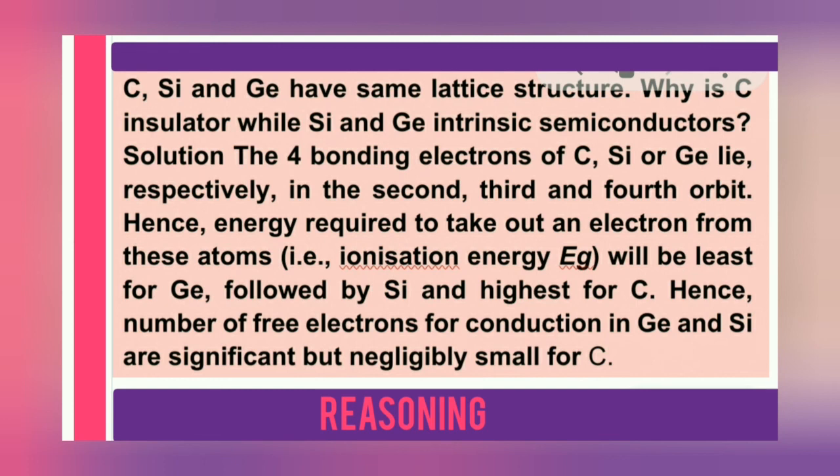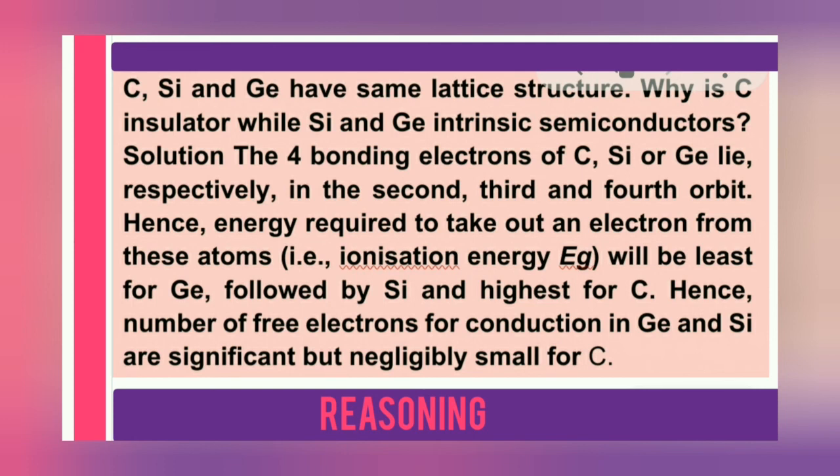So the outer valence electrons are more strongly bound to the carbon nucleus, and the energy required to free a valence electron of carbon is more. So we are not using carbon in place of silicon and germanium.